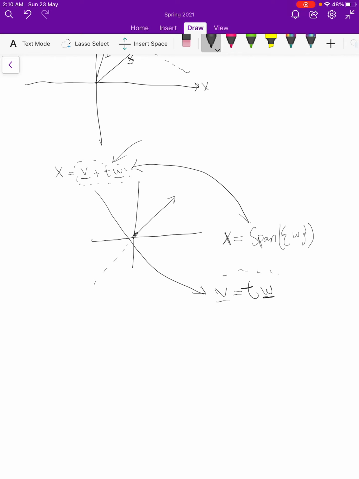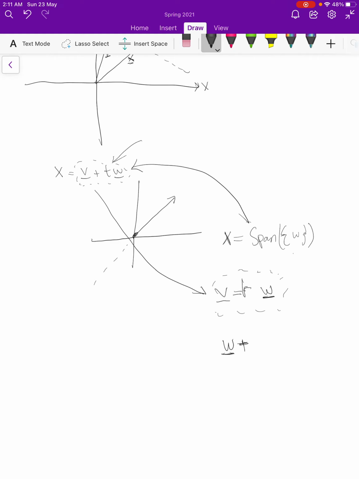Why must this work? Well, essentially we're going to have, sorry, we're going to change this. It doesn't have to be t, it can be something else.